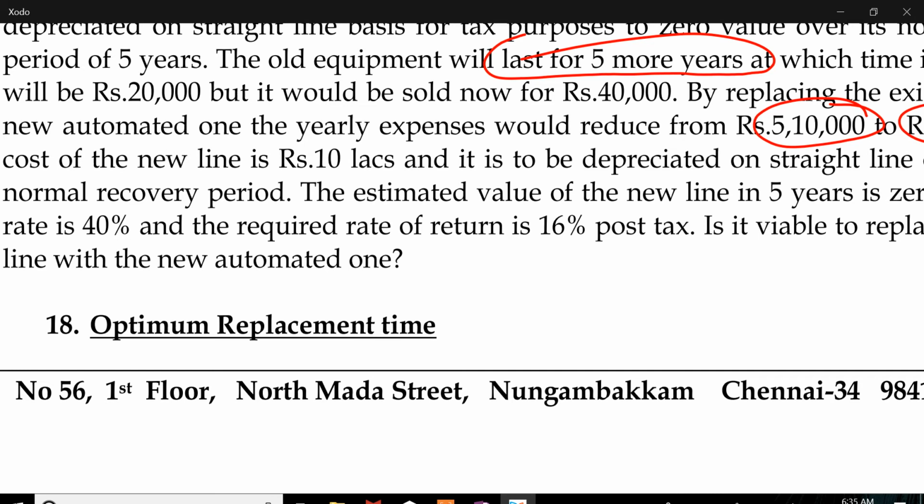Question number 18. Point number 1. The company has already decided on replacement and is not sure about the timing of the replacement.